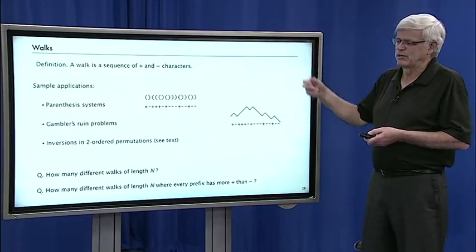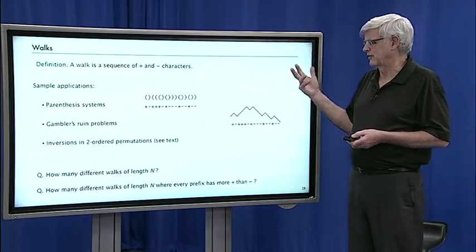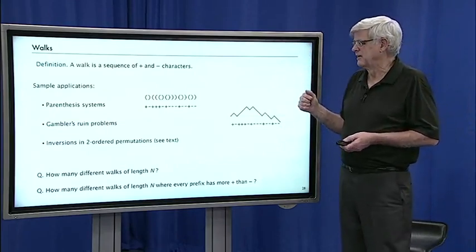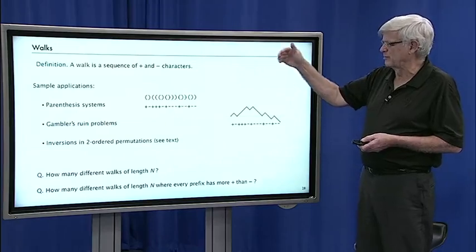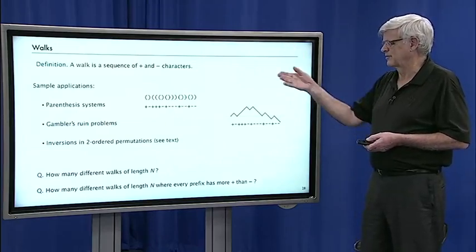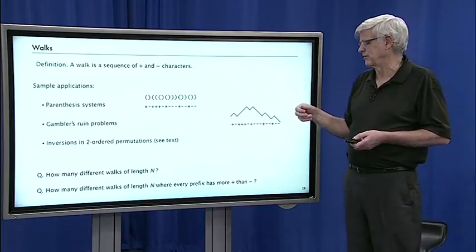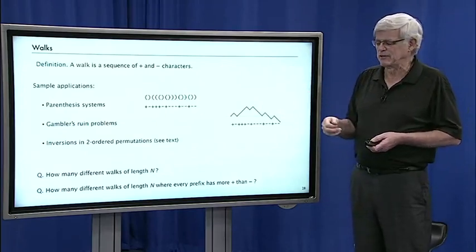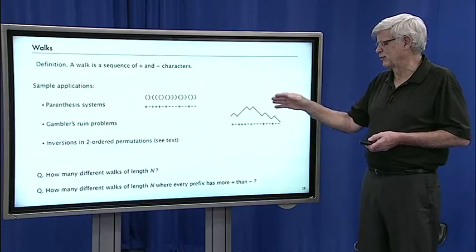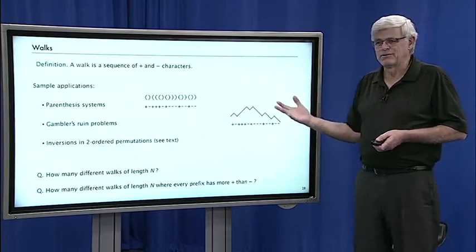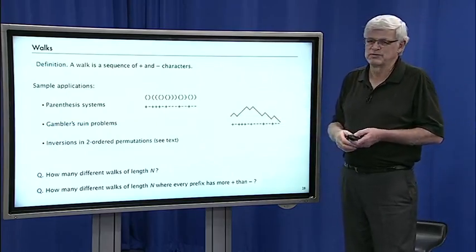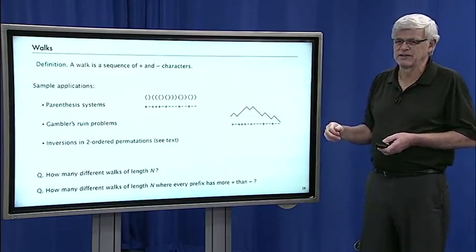So this is just an example for the study of random walks. A walk is a sequence of plus and minus characters, and there's lots of applications of random walks, so-called gambler's ruin problems, and also the study of some sorting algorithms. These are discussed in the text.